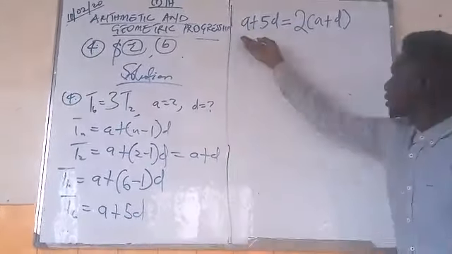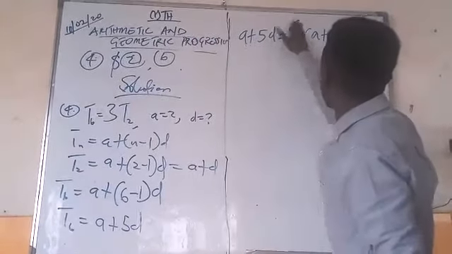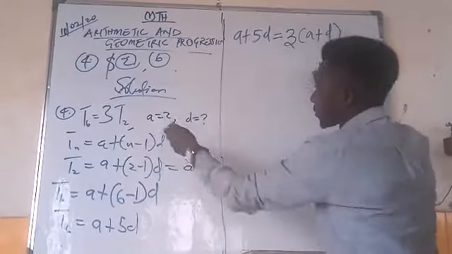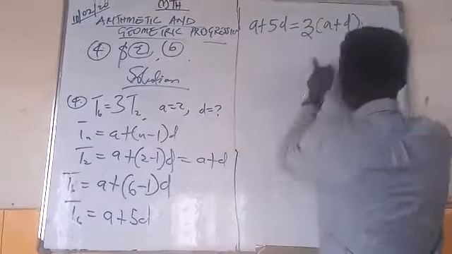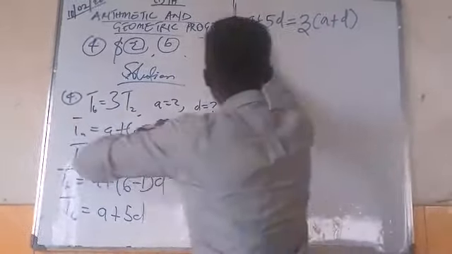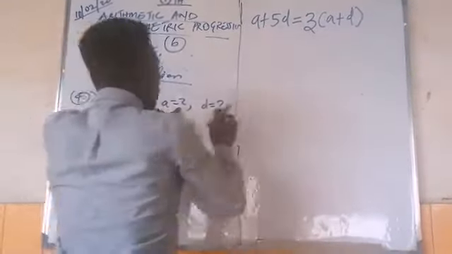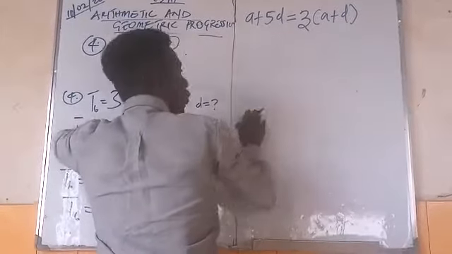A plus 5D equals 3 times the second term, A plus D. Now you remember that A is 2. You are asked to look for D. So anywhere you have A, what are you putting? 2.